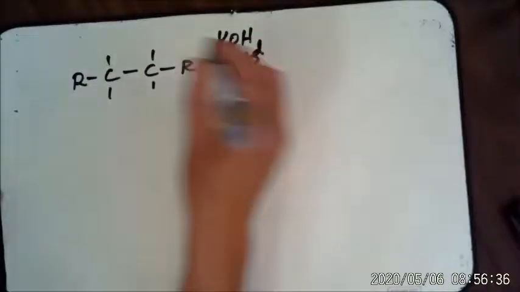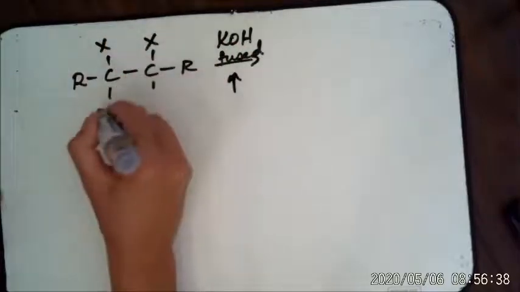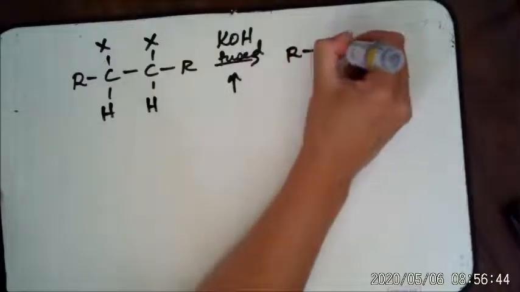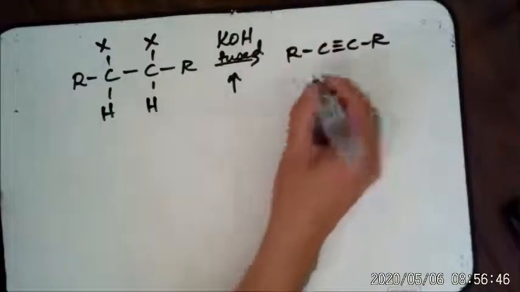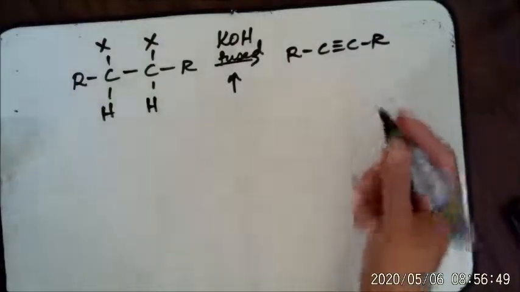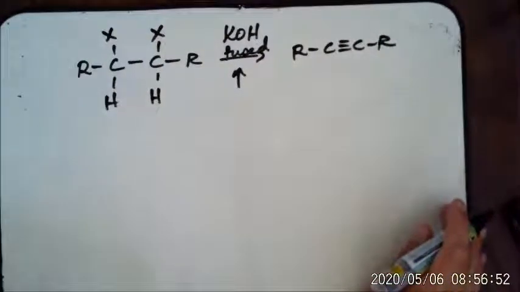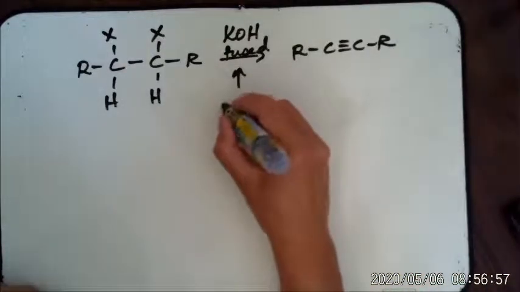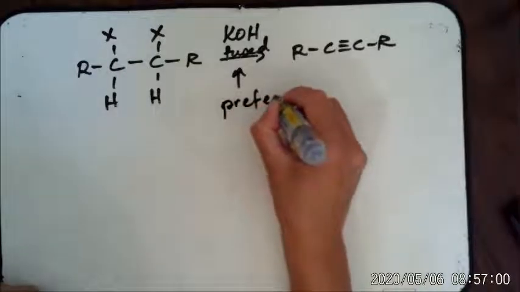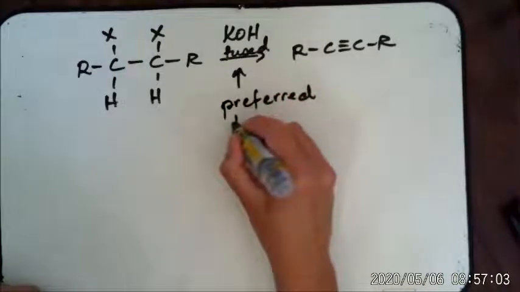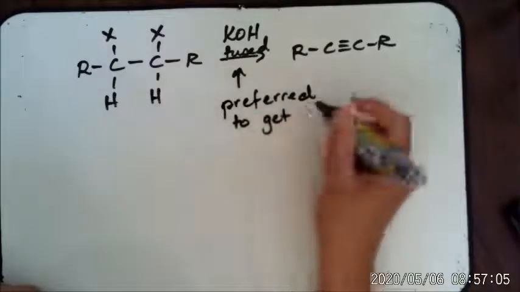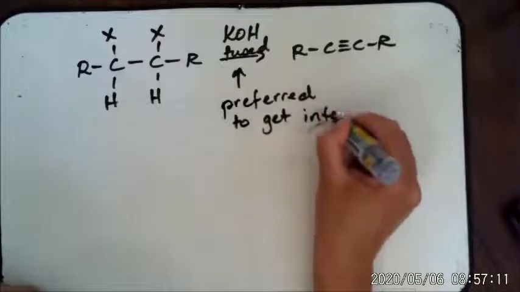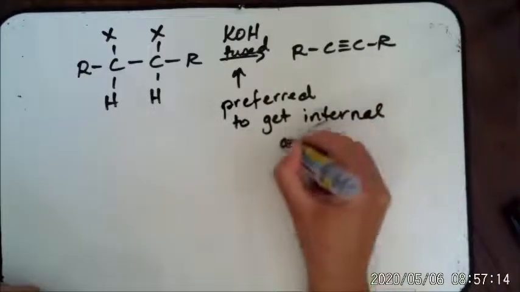But why do you prefer fused KOH? It turns out that at high temperatures, we can isomerize. And if it isomerizes and you get a terminal out of it, then it's going to precipitate out. So fused KOH is preferred to get your internal alkynes.